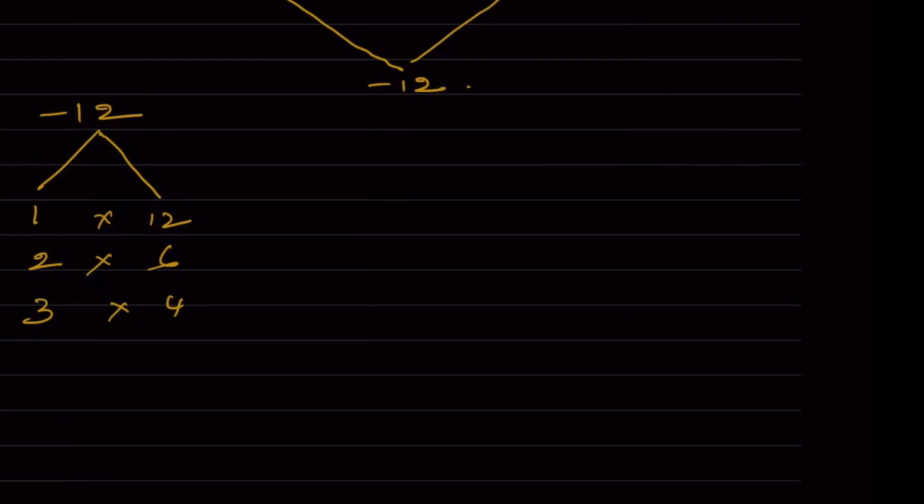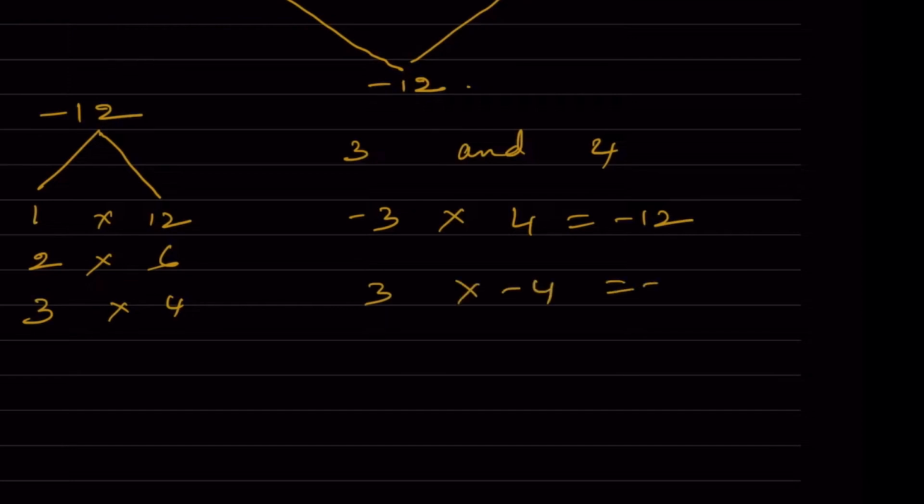Now you have to get your x over here. The coefficient of x is 1 over here, so we have to get 1. If you are taking 3 and 4, to get minus 12, either minus 3 into 4 should be minus 12, or 3 into minus 4 should be minus 12. But here we have to get a positive x, isn't it?